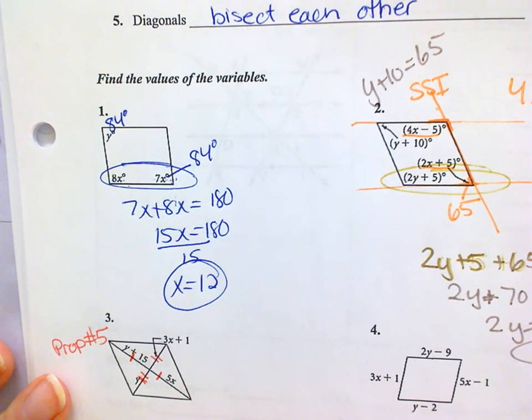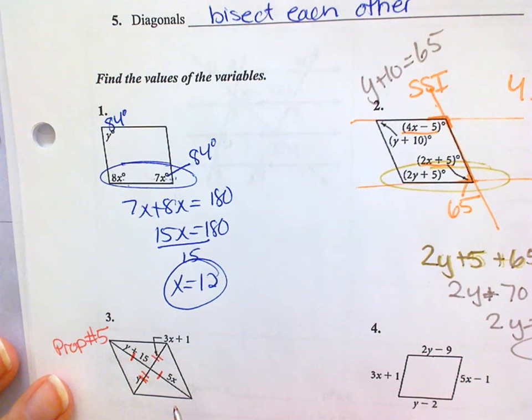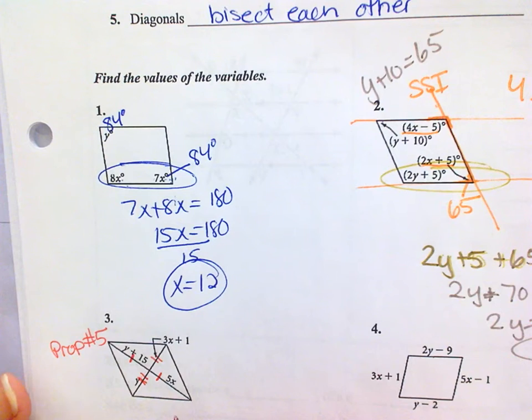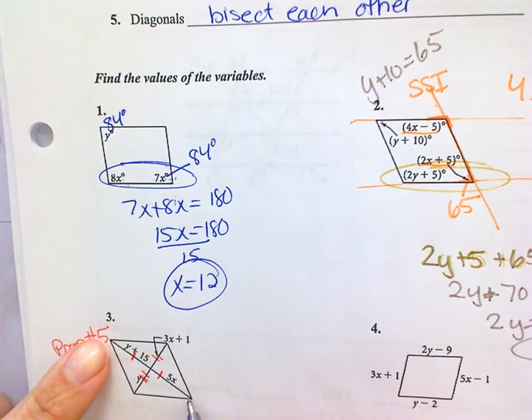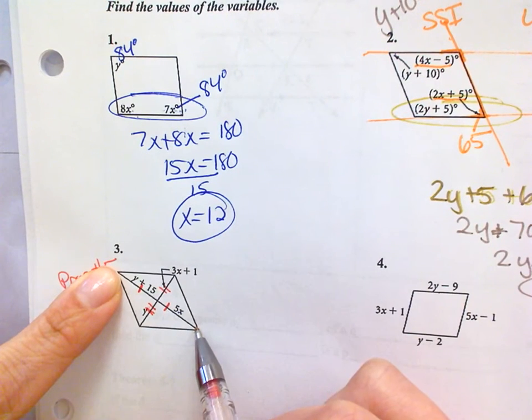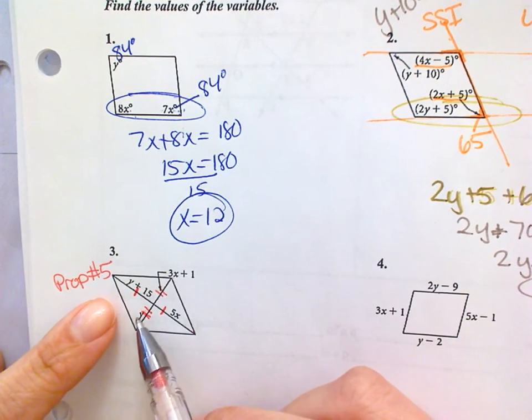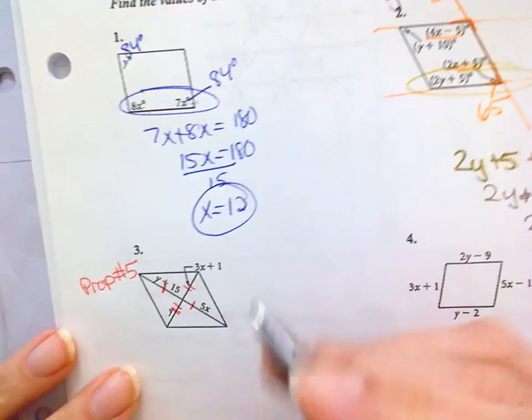This one, you don't know if the diagonals are equal though, and that's a big deal. In some of your figures they are, but in general for parallelograms, you can't say that your diagonals are congruent. And if you look at this picture, hopefully you realize this one here, going downhill, the negative slope diagonal, looks a lot longer than this one. So these 4 segments are not all equal.